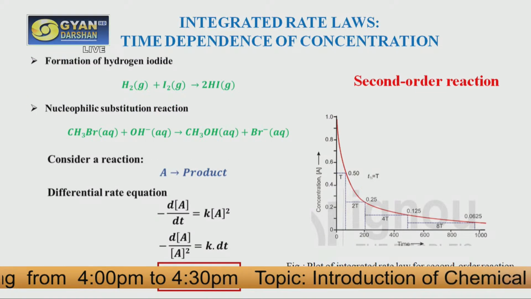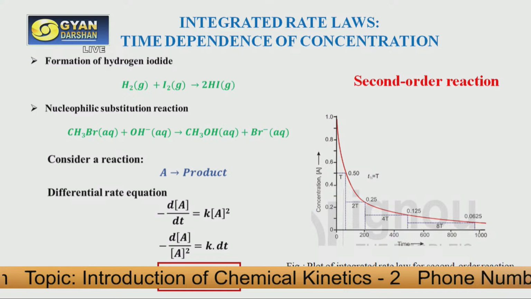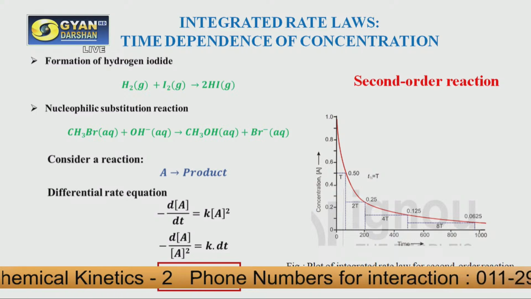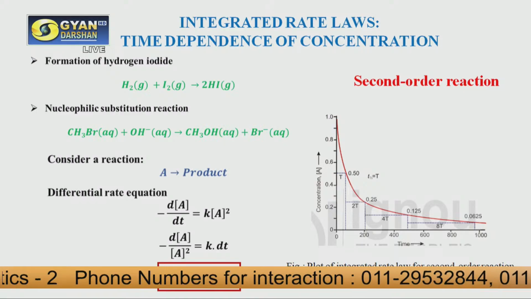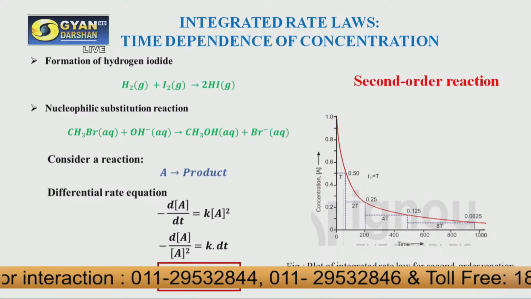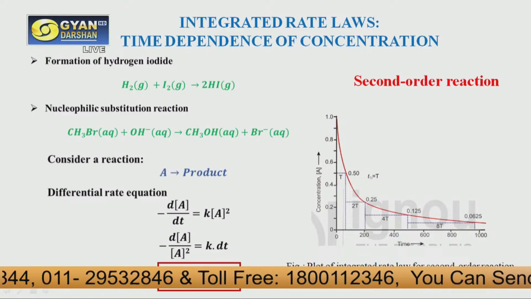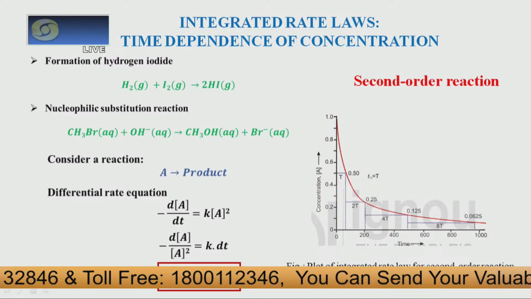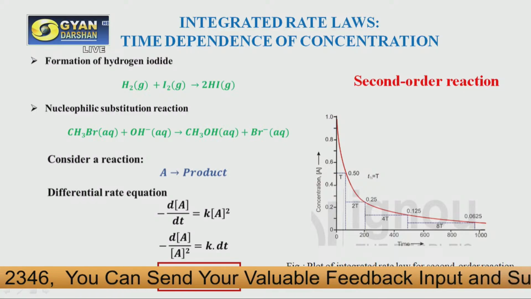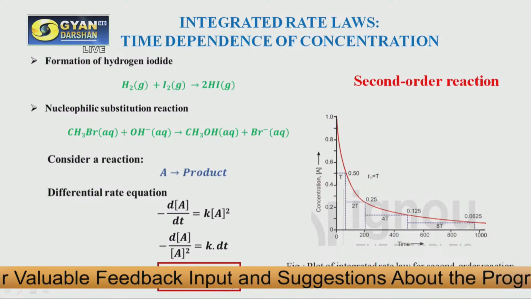If we move to the second order reaction, similarly, this is the formation of hydrogen iodide, a nucleophilic substitution reaction. For the reaction, if we consider A gives the product as a second order reaction, then after solving the differential rate equation, the equation is given as 1 upon concentration of A at time t is equal to Kt plus concentration of A0 to the power inverse.